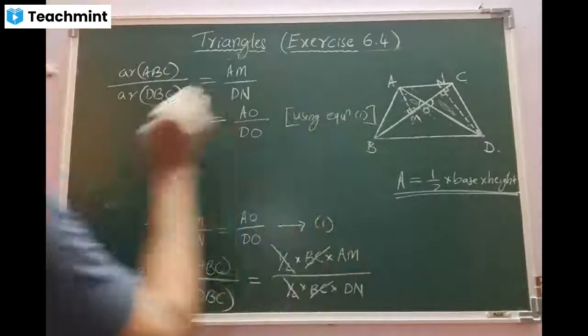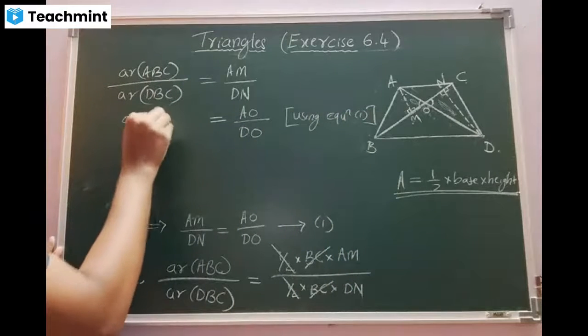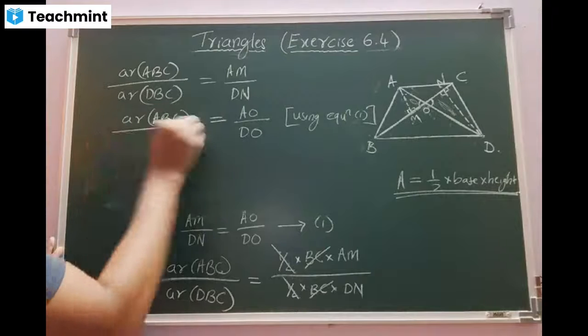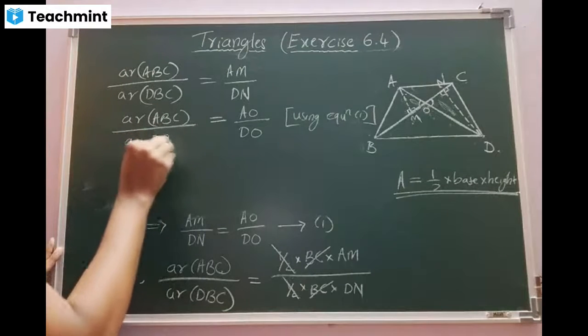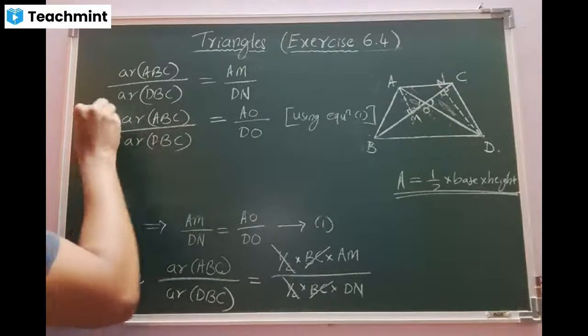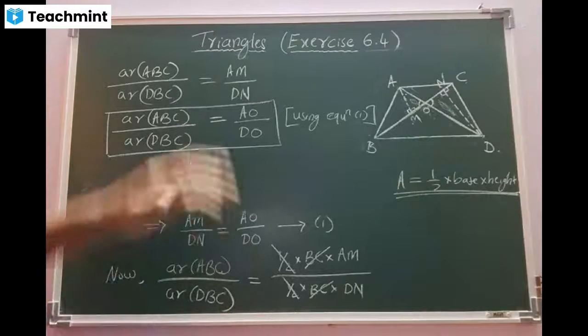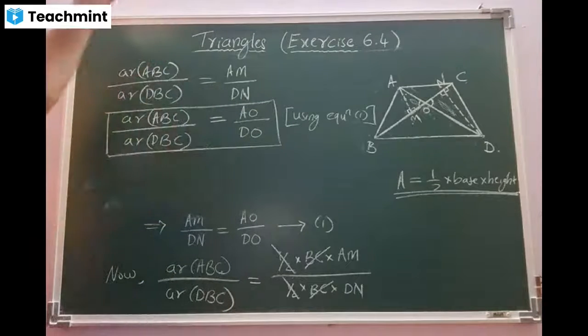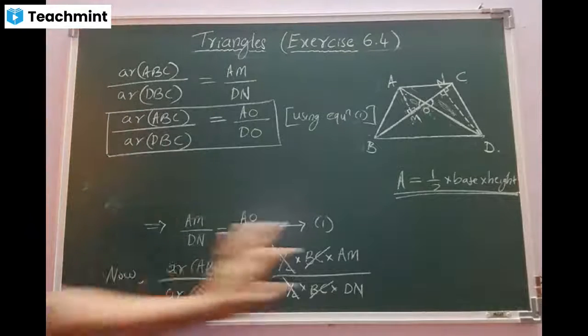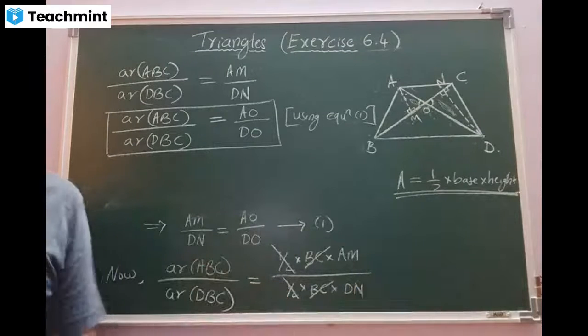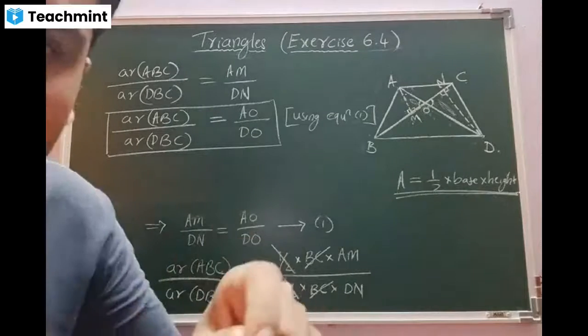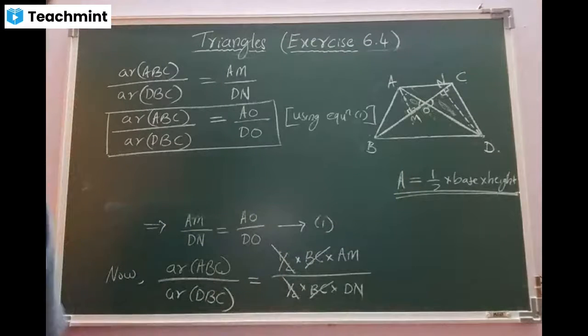Yes, sir. And this is the final result which we have to get. So area of triangle. Correct or not? Yes, sir. Copy fast, quick. And beta, make a star mark for this question. Very important.